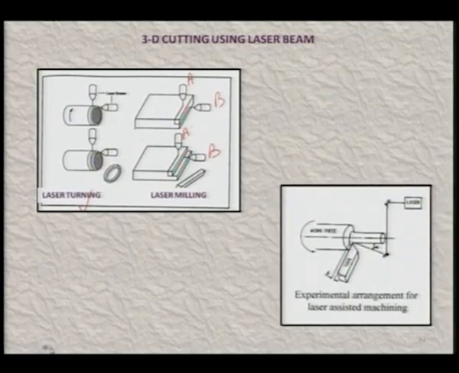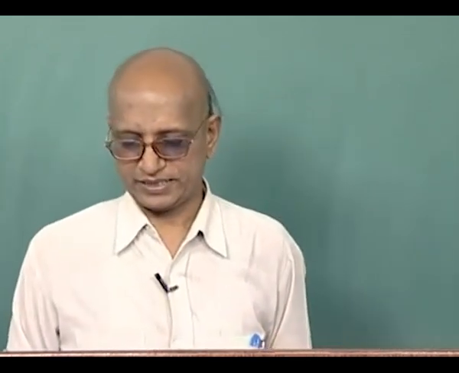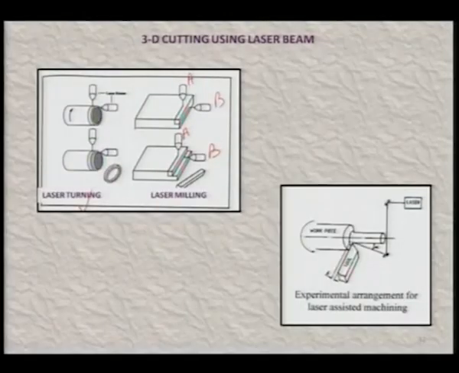Such applications are good in the case of very hard materials which cannot be machined by traditional methods. If you can do it by a traditional method, then there is no sense in going for laser beam or other kinds of processes.